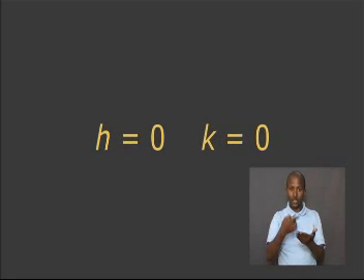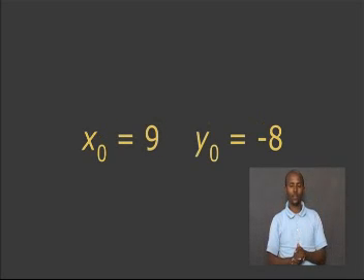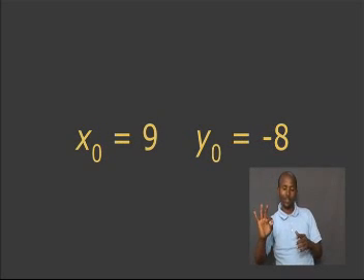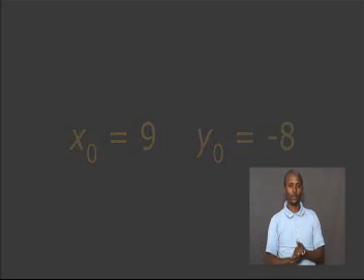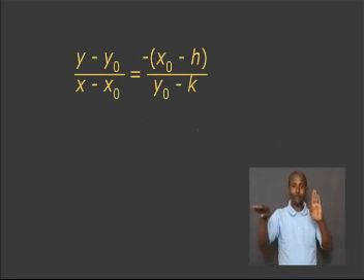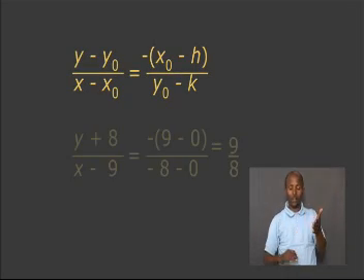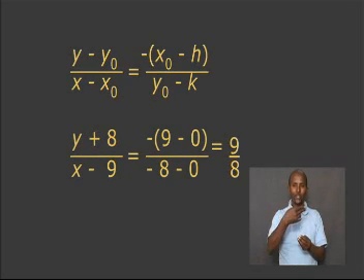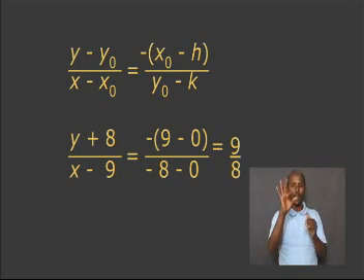These are the values for h and k. x0 is 9 and y0 is negative 8. By substituting these values into the formula, we get (y plus 8) over (x minus 9) equals 9 over 8.